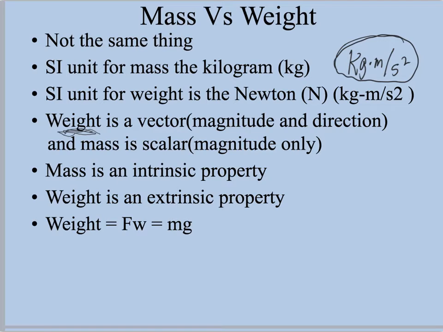Because you're farther away from the center of the Earth, the pull of gravity on you is not as great at a higher elevation as it would be at a lower elevation. So you do have a different weight at the top of Mount Everest than you would in Death Valley. So weight can change depending on where you are.